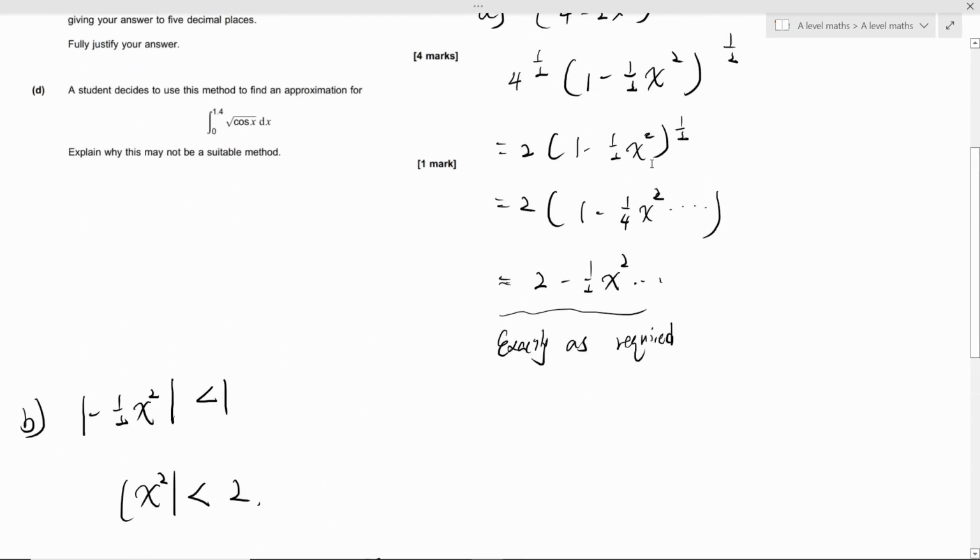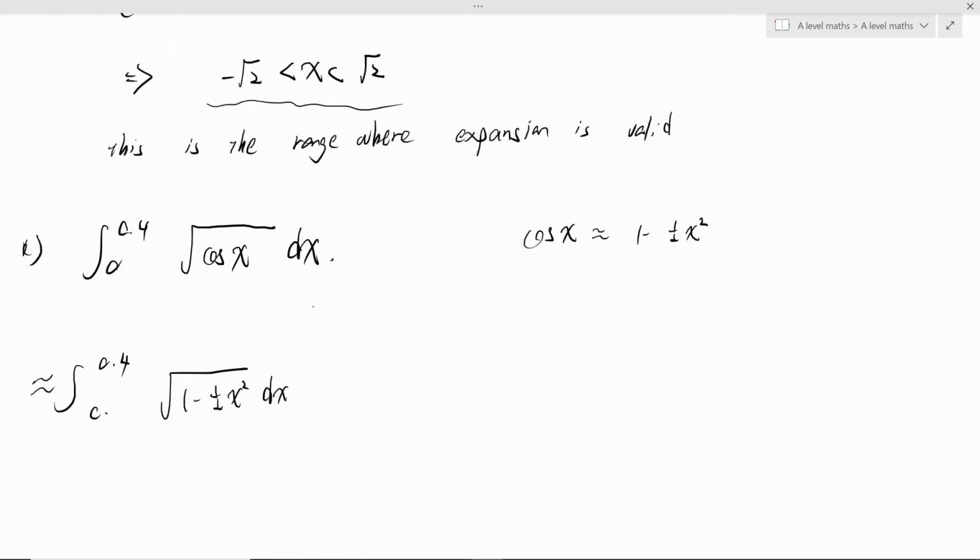And you can see 1 minus half x squared to the power of a half is roughly 1 minus 1/4 x squared plus some higher order terms, which we will just ignore. Okay. And this is relatively easy because now we can integrate this nice polynomial.